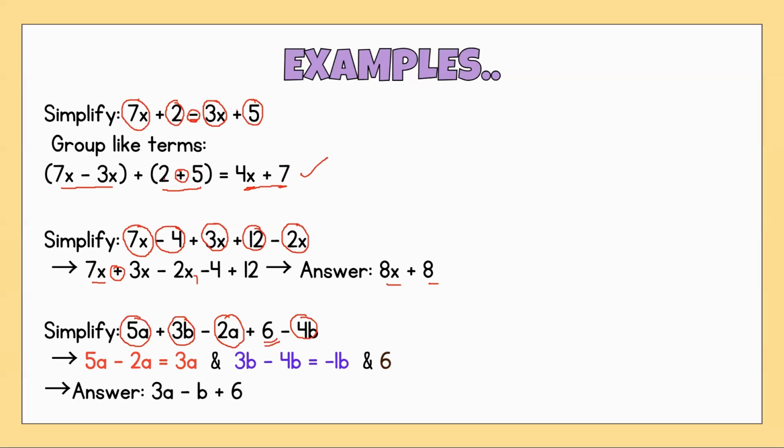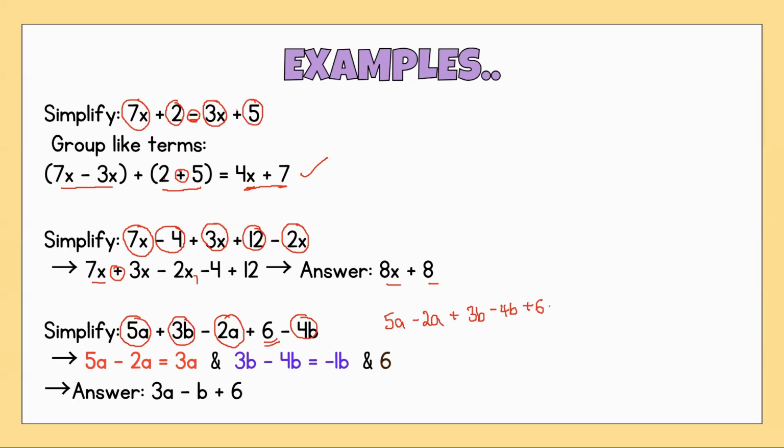So 5a minus 2a plus 3b minus 4b plus 6. Now that is an expression that I have semi-simplified again.